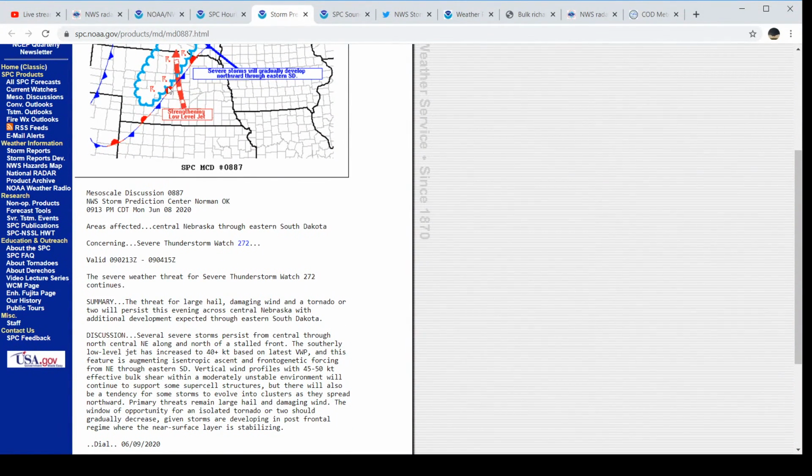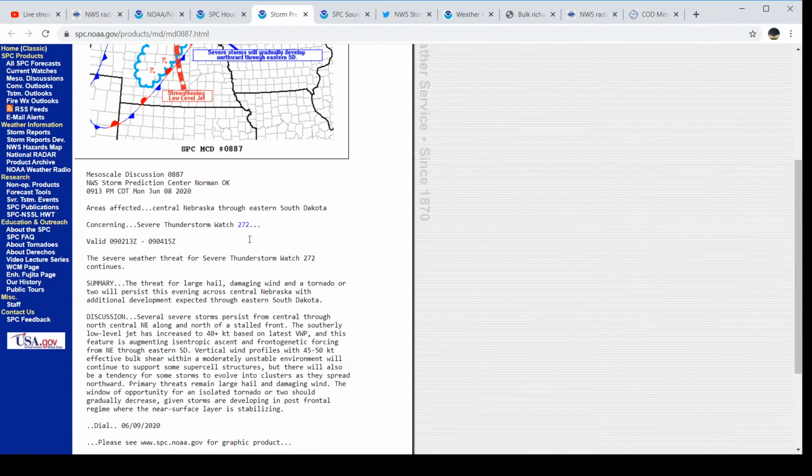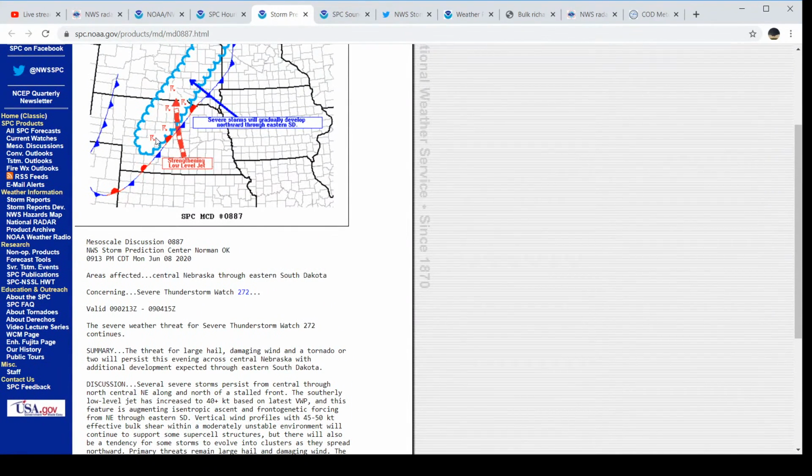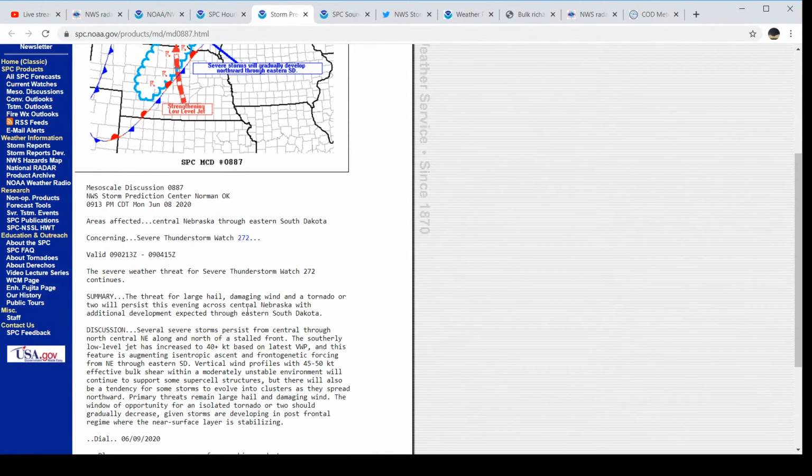Oh, there's a stalled front right here. That might also explain why there's an increase of helicity through this region. The southern low-level jet has increased to 40 knots based on the latest VWP, and this feature has forcing.